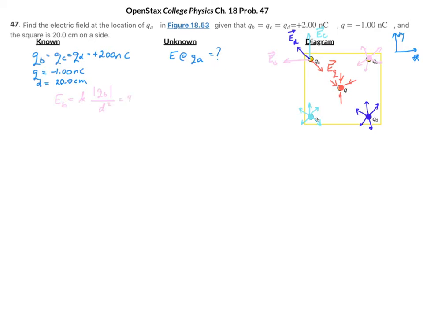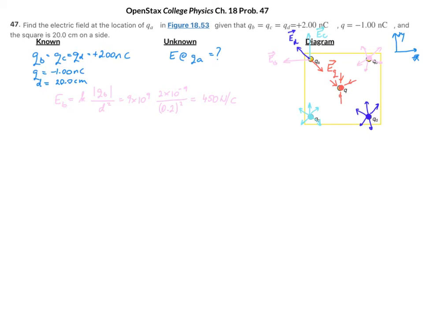So that will be 9 times 10 to the 9th, QB is 2 times 10 to the negative 9th coulombs, divided by 0.2 meters quantity squared. And when we plug our numbers into the calculator, we end up with 450 newtons per coulomb.